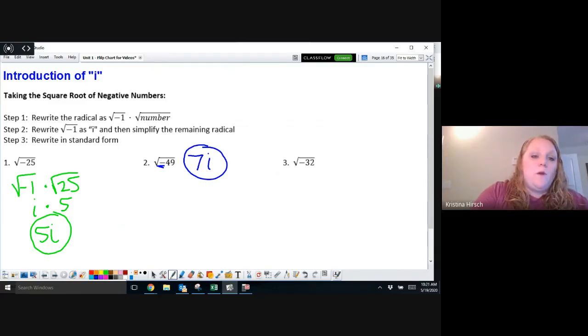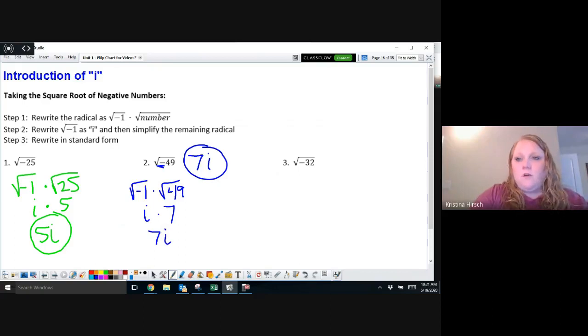Now, the real reason is because the square root of -1 times the square root of 49 is I times 7, which is 7I. Okay, now for this third one, we have the square root of a -32. Well, 32 is not a perfect square, so we would have to break that down. So you would have the square root of a -1 and the square root of a +32.